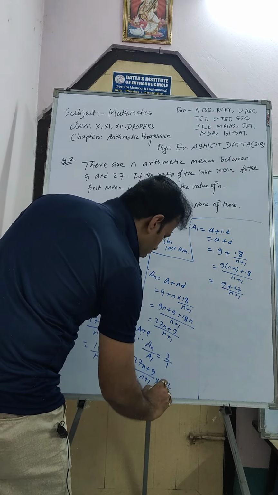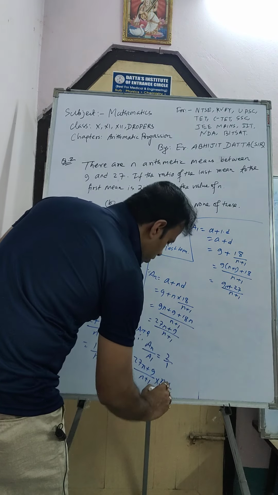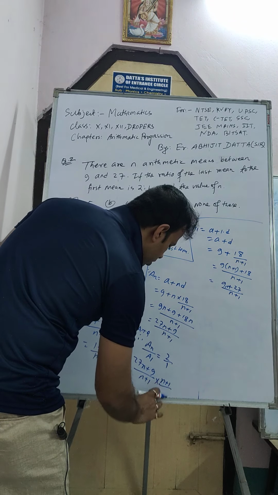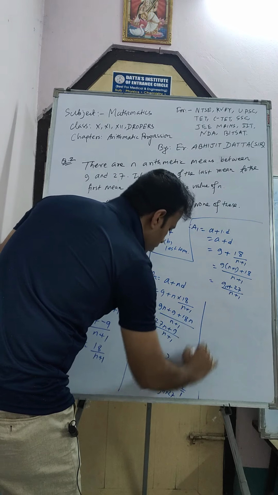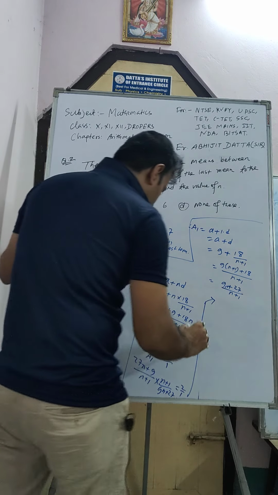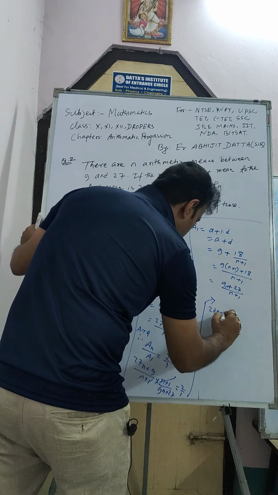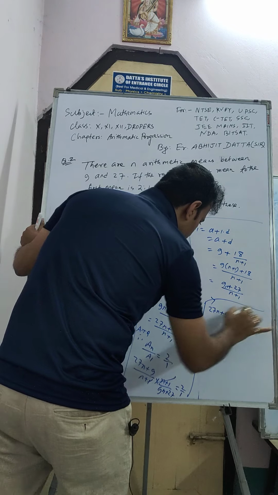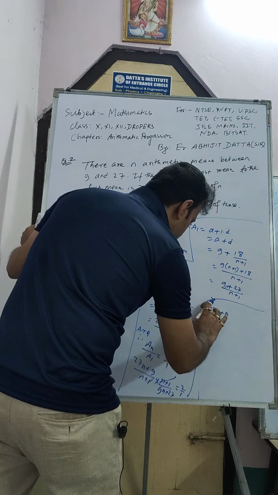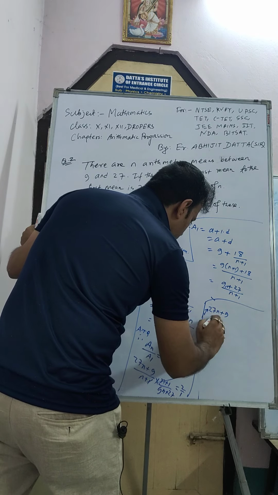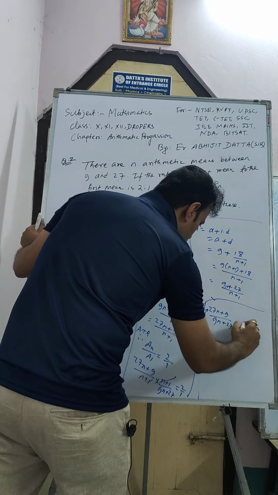So n plus 1 will be cancelled. So (27n plus 9) divided by (9n plus 27) will become 2 by 1.